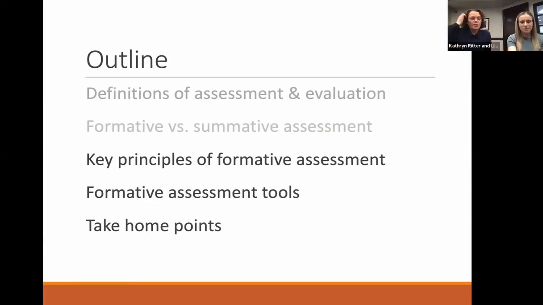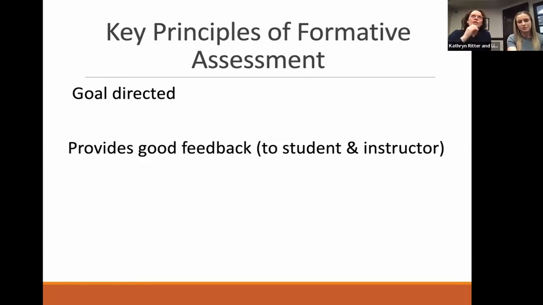Okay, so we're going to talk about some key principles, and much like the first talk with Dr. Rice, we're going to talk a little bit about some learning theory and some understanding of why assessment works when you do it certain ways. So the first thing to think about is that learners, as Dr. Rice said earlier, are adults.